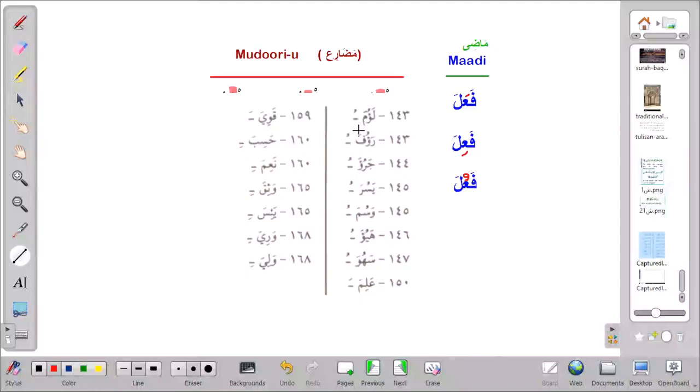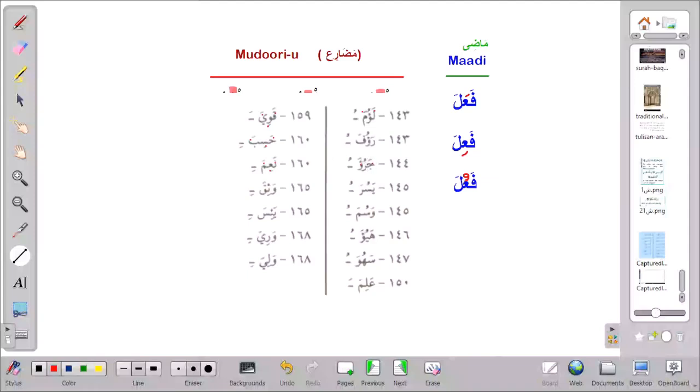Please observe very well. You see, fatha, the middle is having dhamma here. Fatha, the middle is having kasra here. Fatha, the middle kasra.